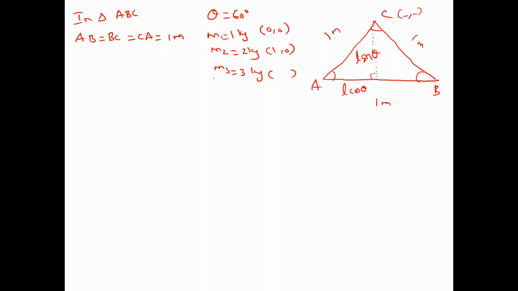Clear? Okay. Now, in the triangle, my L cosine theta is equal to L cosine of 60 degree. Am I right? Yes. So, what is the value of L cosine theta? If you type cosine 60 in your calculator, the value is 1/2.